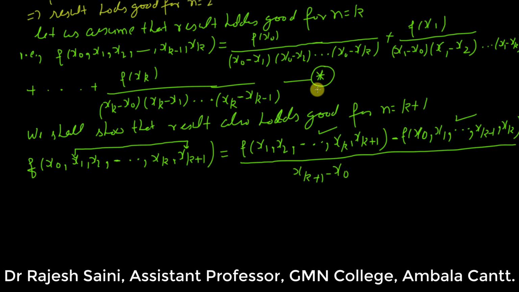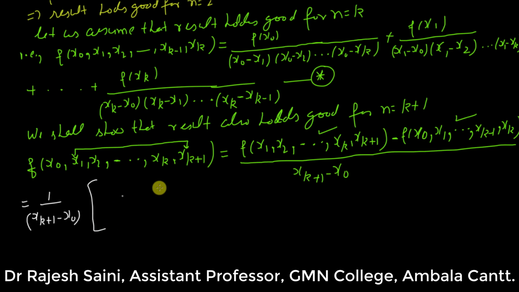So using the result for kth order, because it is holding good, I am going to put the values over here. So based upon the above equation, this will be, write it as, outside you know it is xk plus 1 minus x0.